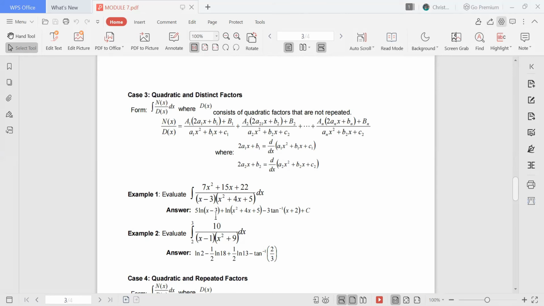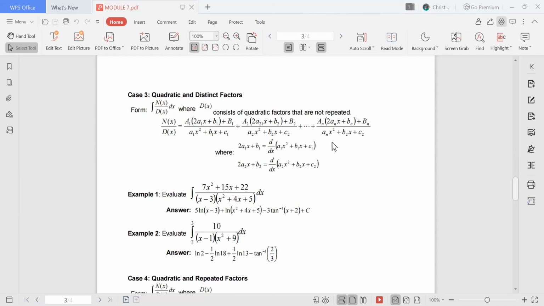The power of the numerator is less than the power of the denominator. The numerator is a quadratic, and the denominator has distinct factors, none repeated. Example number 1: evaluate the integral of 7x squared plus 15x plus 22 over x minus 3 multiplied by x squared plus 4x plus 5 dx.